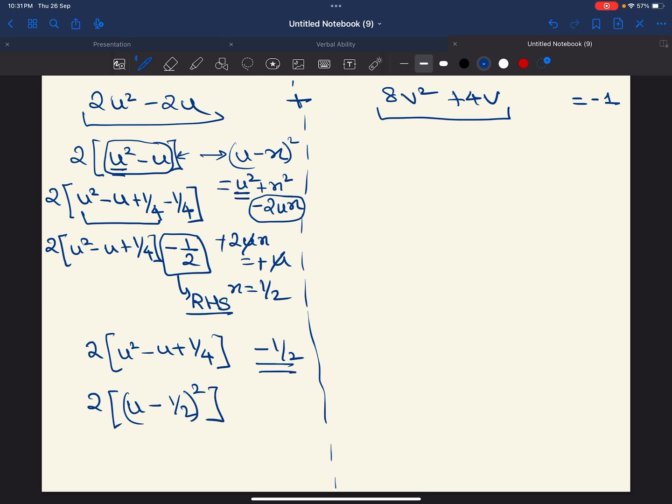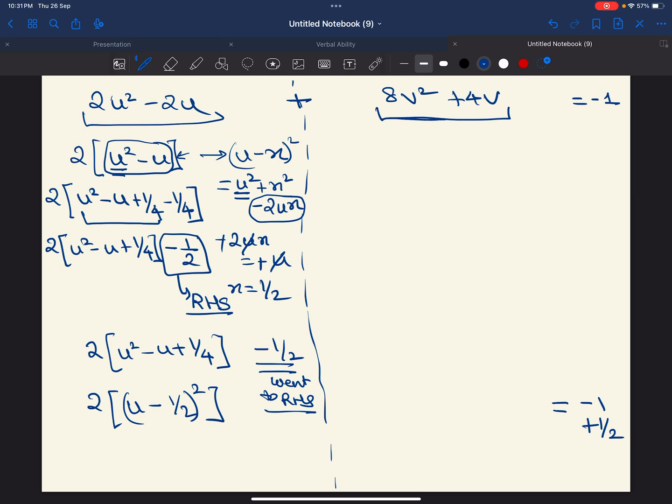This minus half will just add to, this will go to the right hand side and get added. We'll just add 1 by 2. Fine. This went to RHS. I understand this is a bit complicated, but you need to understand how to create these equations, right? This is just equation manipulation. Let's look at the v part now.